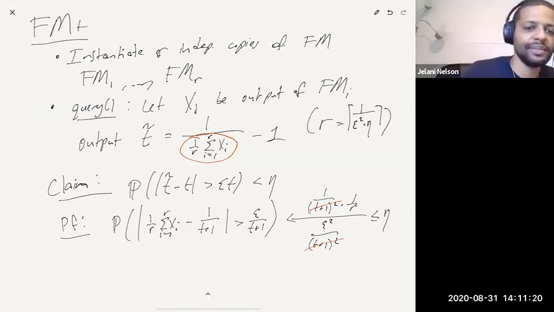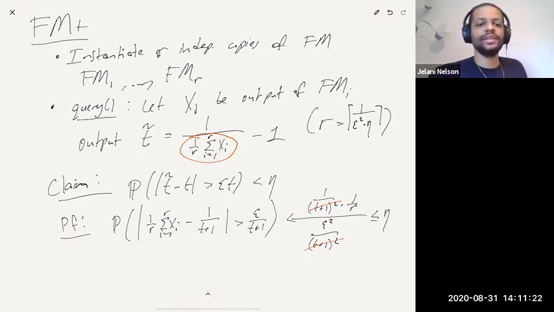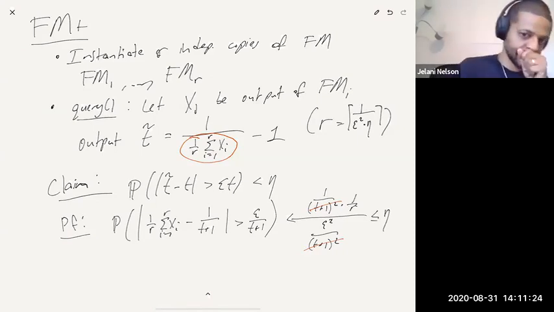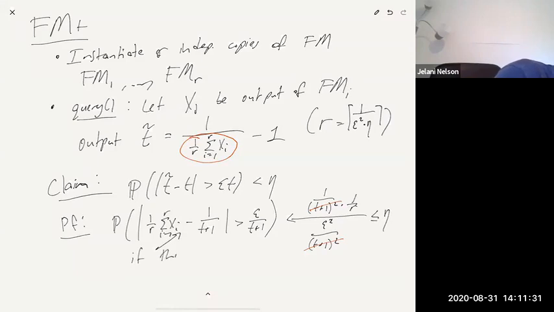So now back to the claim, we want to understand what t tilde looks like. If this event happens, namely that the average is really close to 1 over t plus 1, then we know that t tilde looks something like 1 over (1 plus or minus epsilon) times 1 over (t plus 1), minus 1.